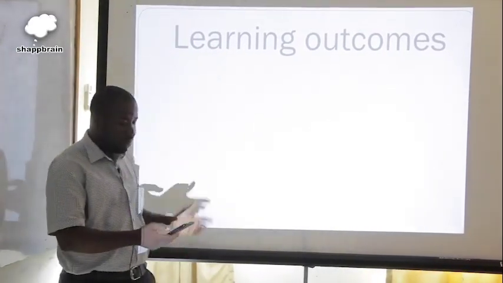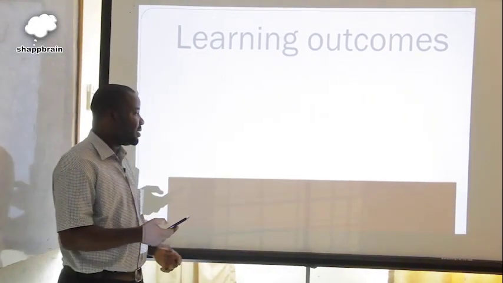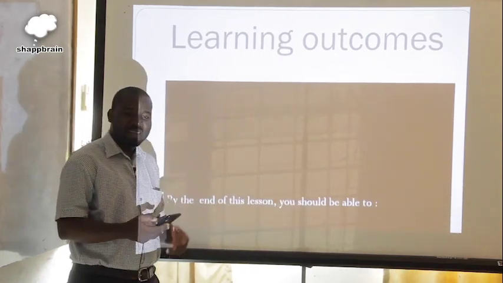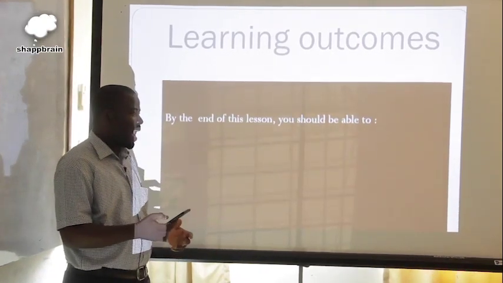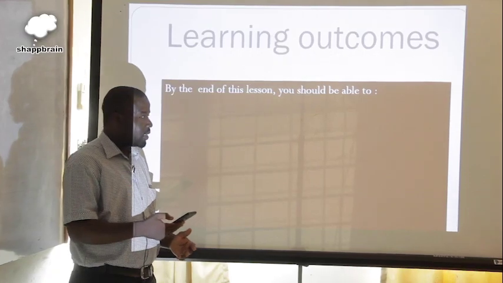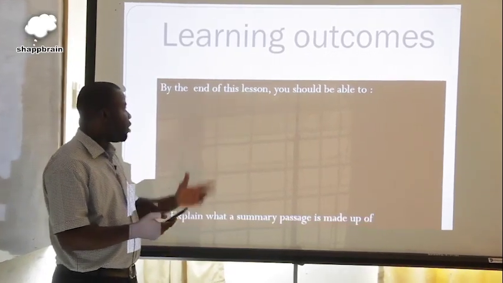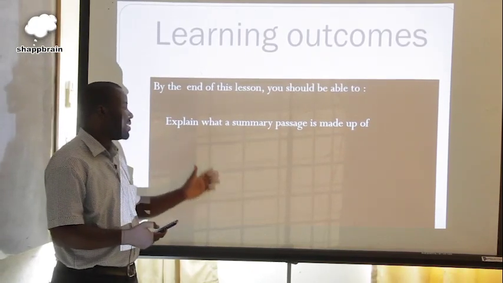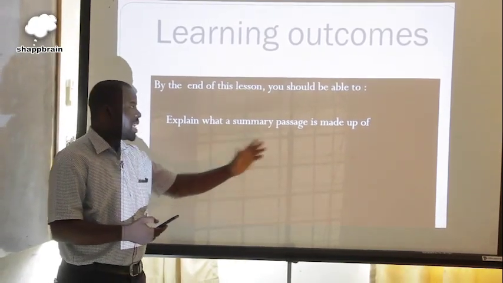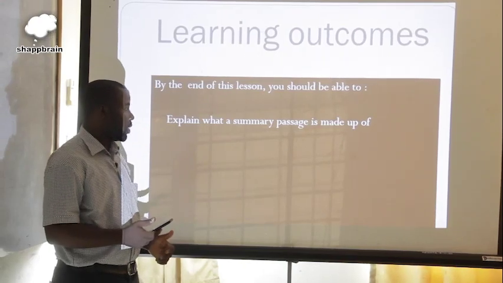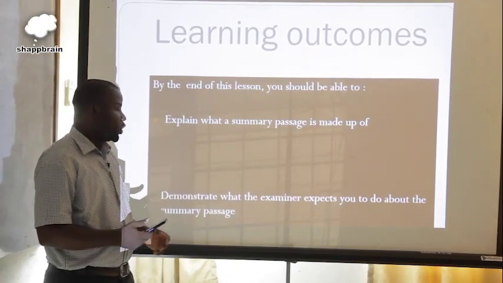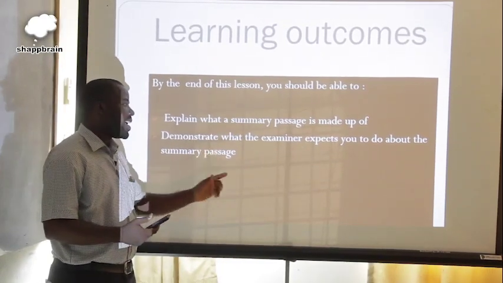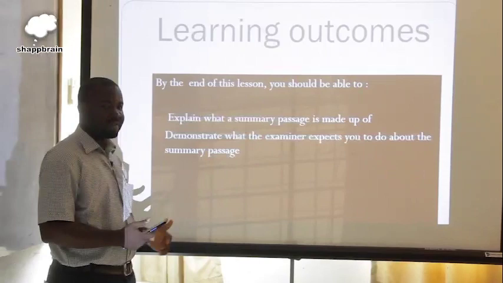So you can see on our board here, on our slide, our lesson outcomes are the following. The first one is that by the end of this lesson, you should be able to explain what a summary passage is made up of. Number two, you should be able to also demonstrate what the examiner expects you to do about the summary passage.